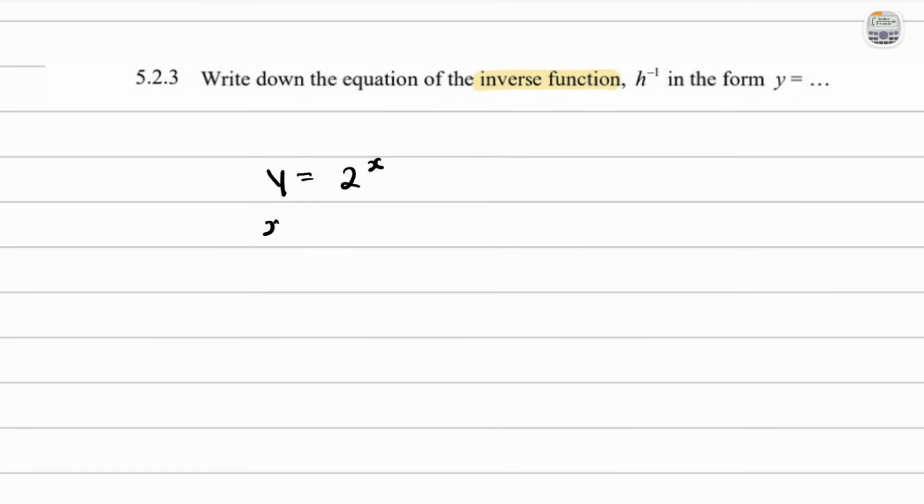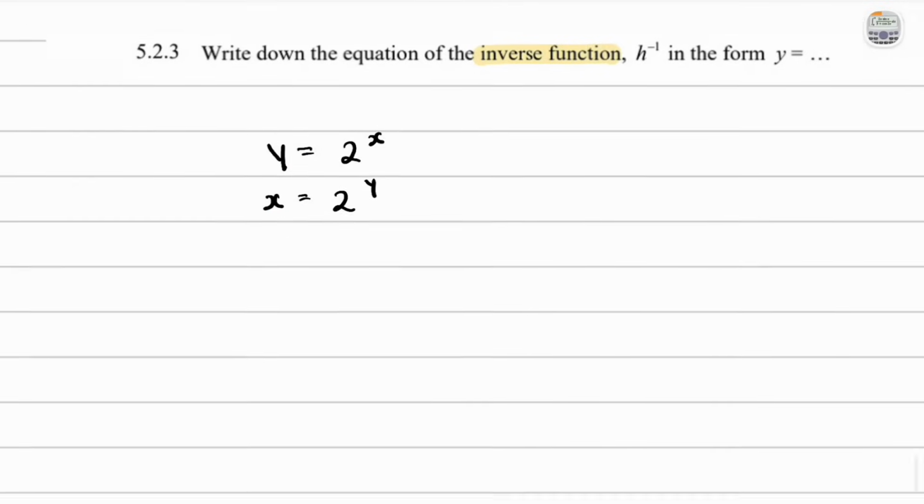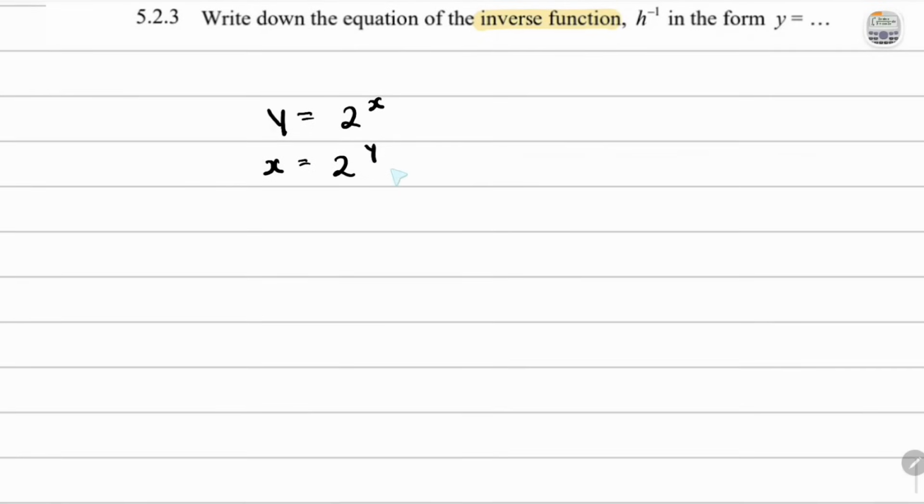So in place of y, we say x, and in place of x, we say y. And then we need to make y the subject. To make an exponent the subject, we can use log. So y is equal to, and we'll say log, and our base is 2, because that's the number that was carrying the exponent, and the answer is x that we have over there. And that is our answer.